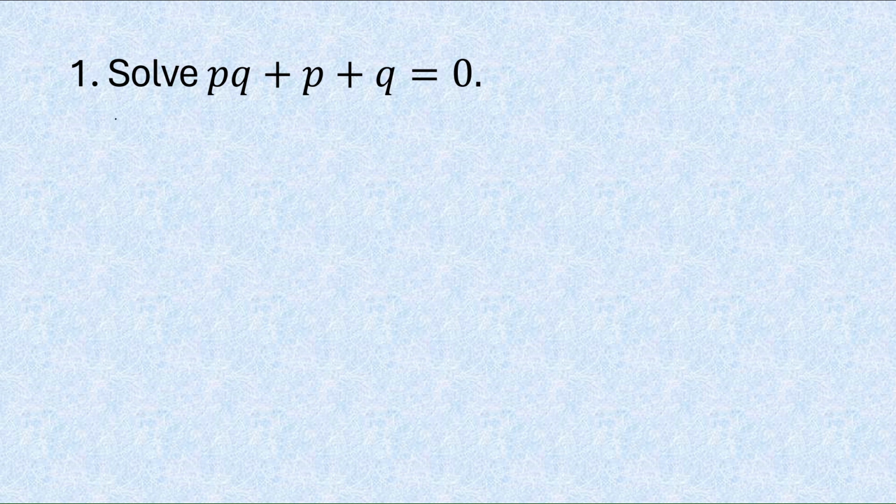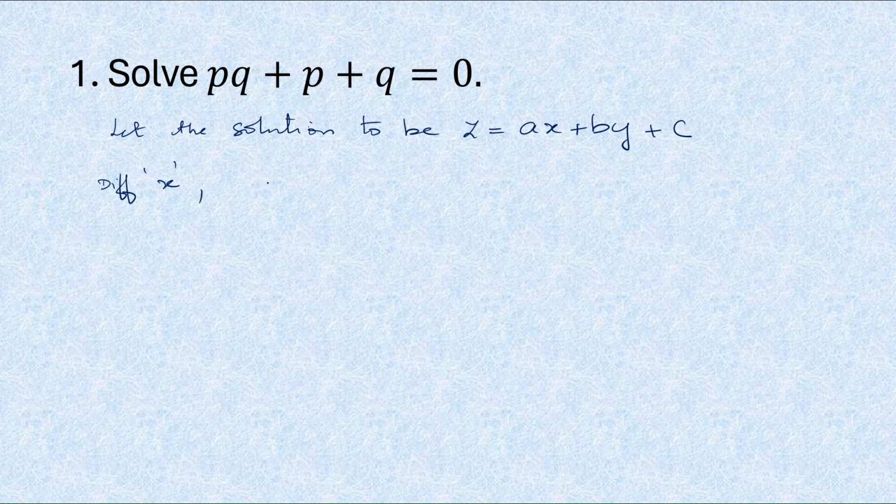So let us consider the solution to be z is equal to ax plus by plus c. So here, if we differentiate this partially with respect to x, we'll be getting dou z by dou x is equal to a.